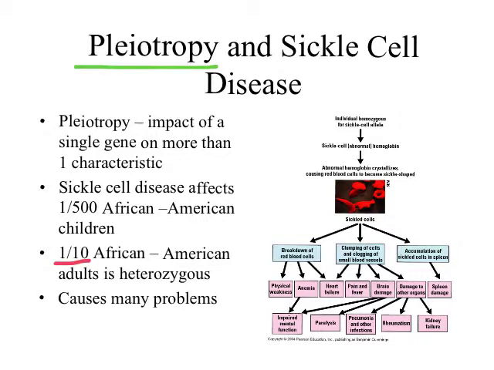What sickle cell means is that it's recessive, so you have to have two recessive genes in order to be fully sickle cell.